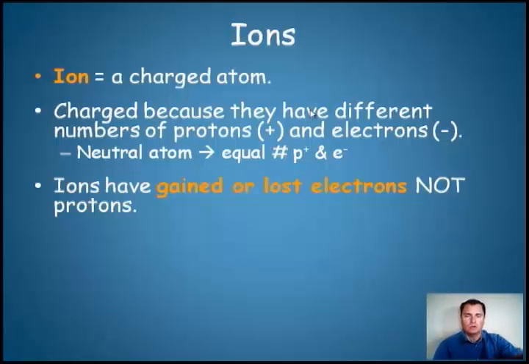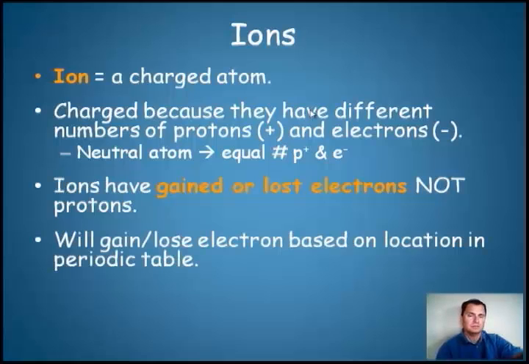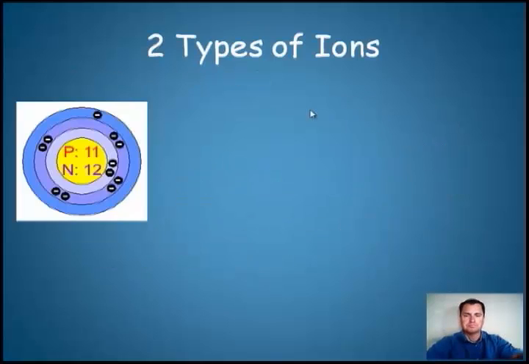They're too tightly bound in the core, and it's used to identify the element. But you can change the number of electrons. Atoms will either gain or lose electrons based on their location in the periodic table, because their location tells us where their current electrons are.